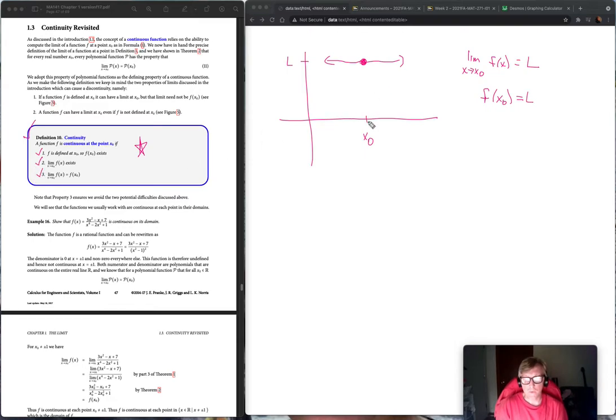So we have a y value, which is L. We have a limiting value, which is also L. And so since they're both the same, then we can say that this function f of x is continuous at this x value, just at this one x value, okay?